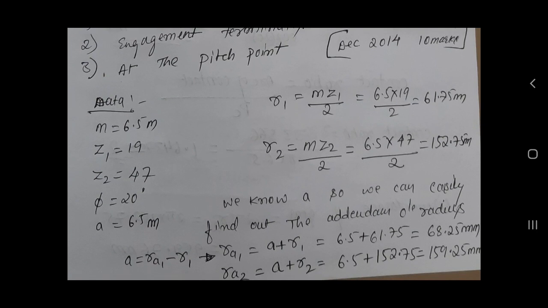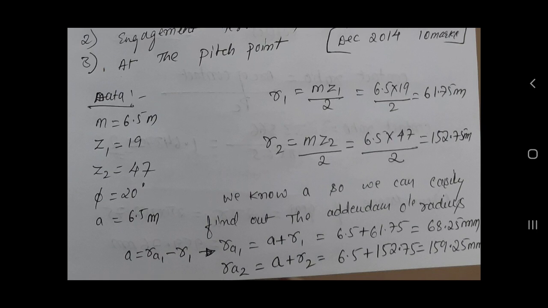From the terminologies of gear, the addendum is the radial distance between the addendum circle and the pitch circle. The dedendum is the radial distance between the pitch circle and the dedendum circle. So A is equal to RA1 minus R1.